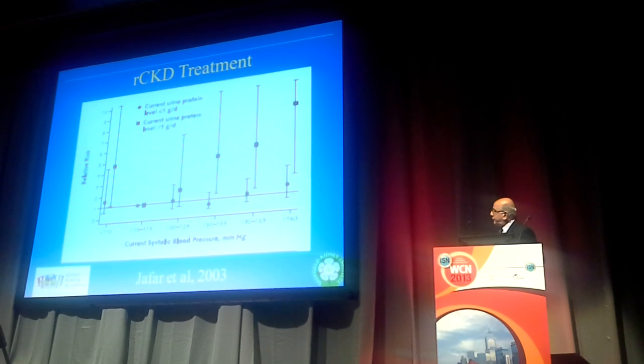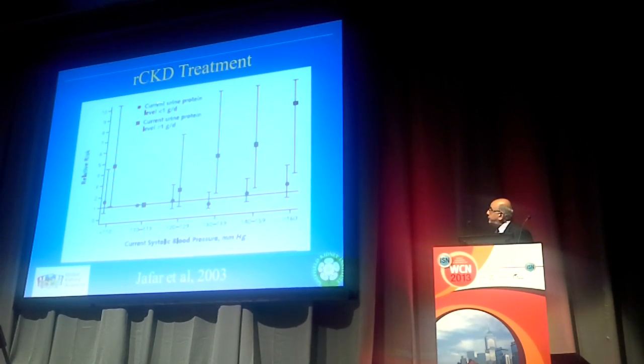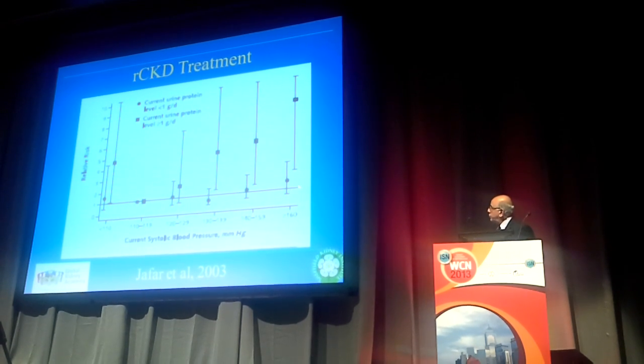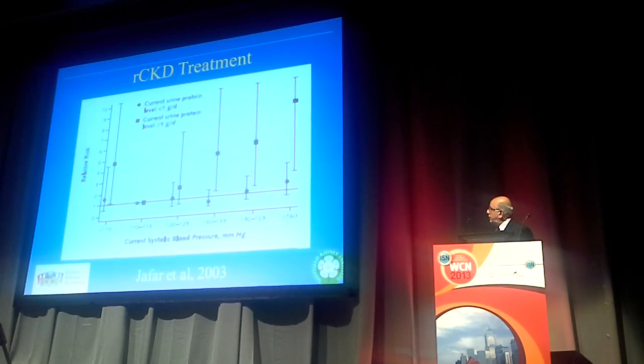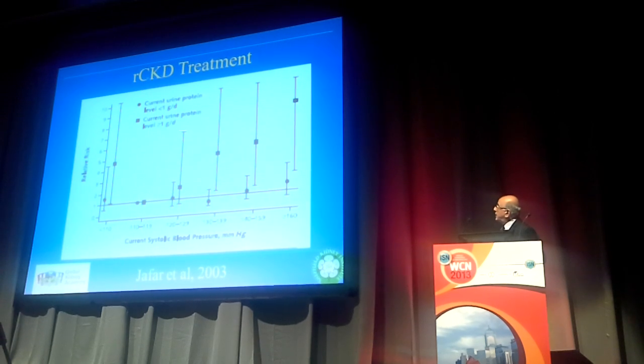We know from the work of Tazeen Jafar and many, many others that again, the 1 gram per 24 hours is important. No progression if you're less than 1 gram, more or less regardless of your systolic blood pressure. Relative risk of progression increases with blood pressure if you have proteinuria more than 1 gram.